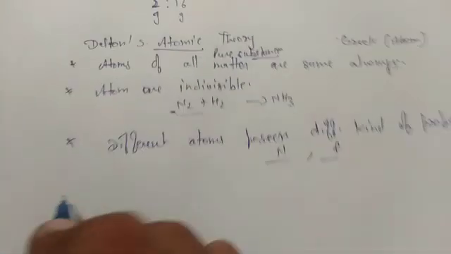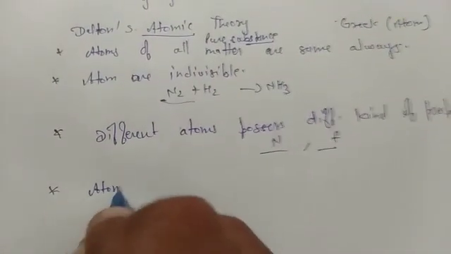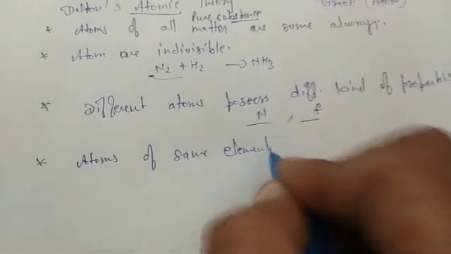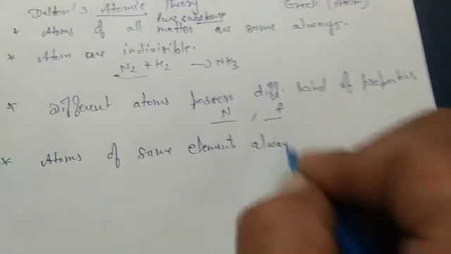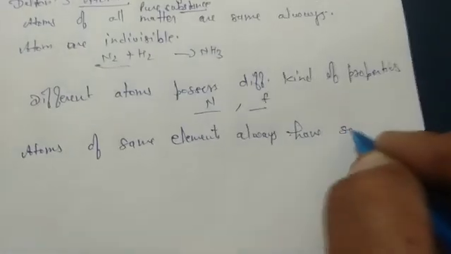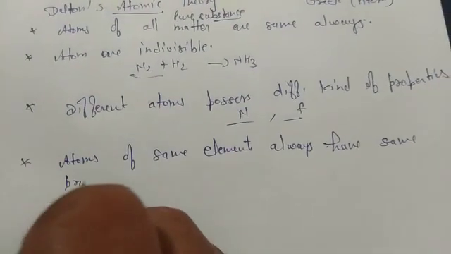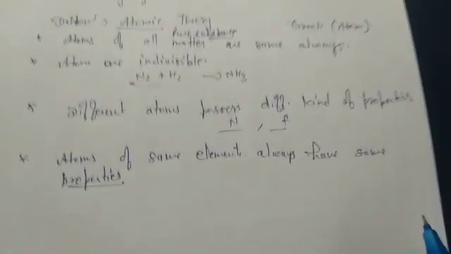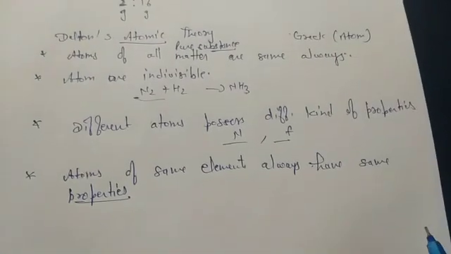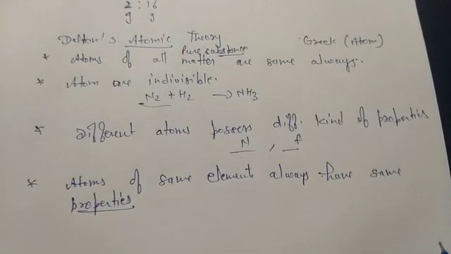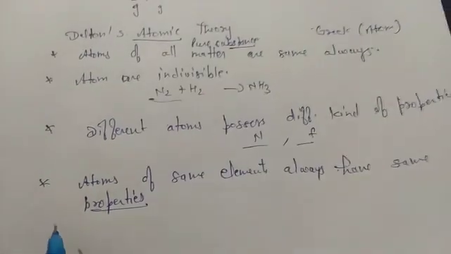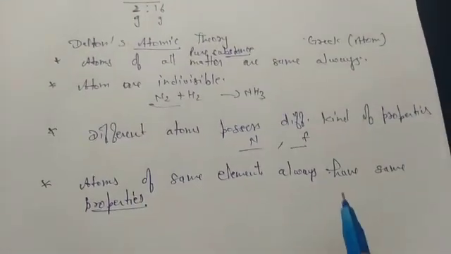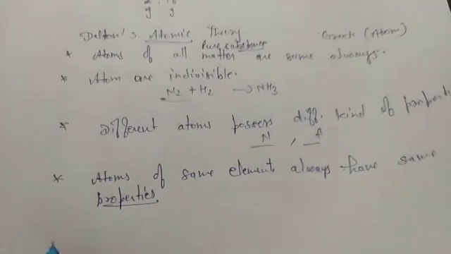Second, atoms of the same element always have the same properties. Next, atoms are indivisible, and different atoms possess different kinds of properties.